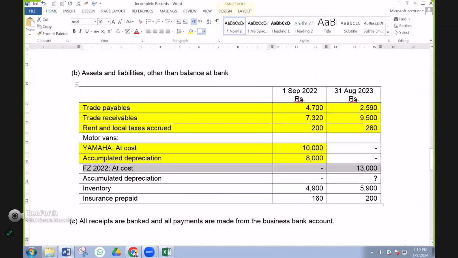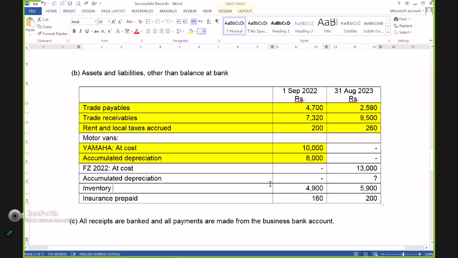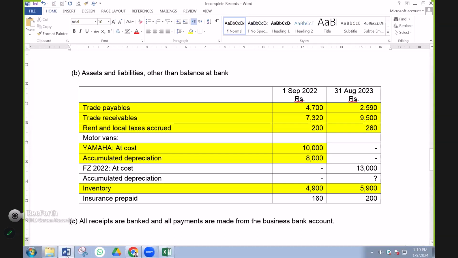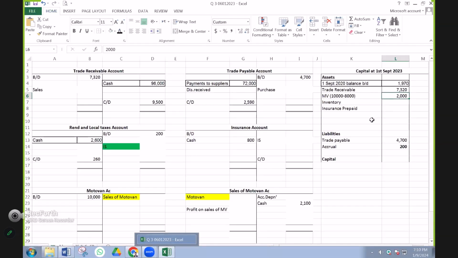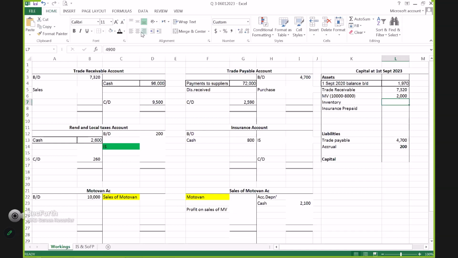Inventory. Check the inventory. Inventory has the opening inventory as well as the closing inventory. So opening inventory is transferred to the income statement as well as the calculation of the capital. The opening inventory 4,900.